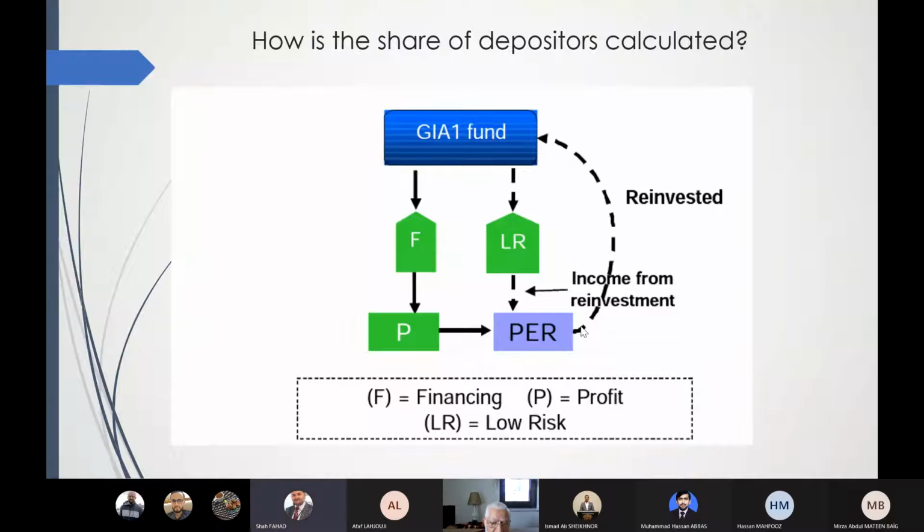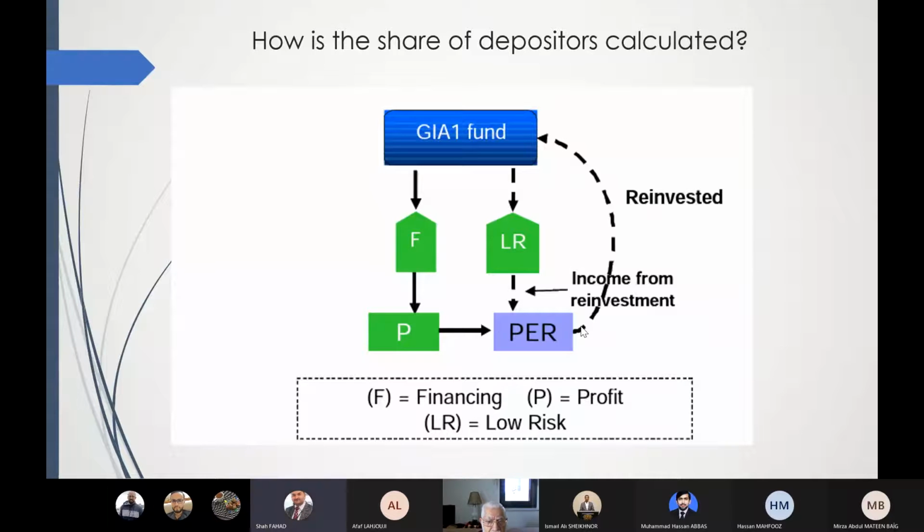Sir, this dotted arrow, is it not for the displaced commercial risk case, in case the banks are using the PER to accommodate those mudarib depositors? Well, this is like income reinforcement, an increase in the income of the depositors.